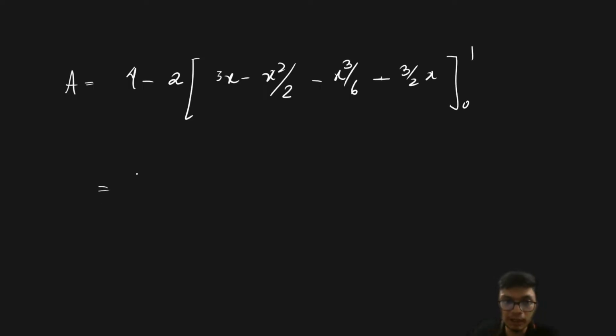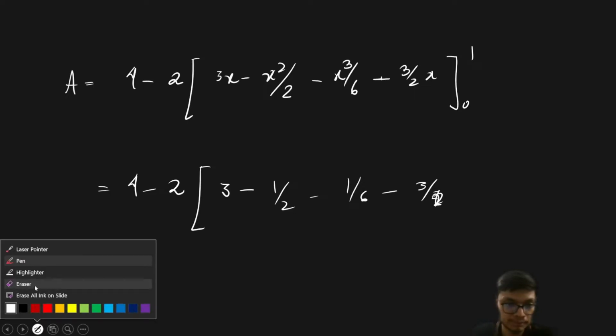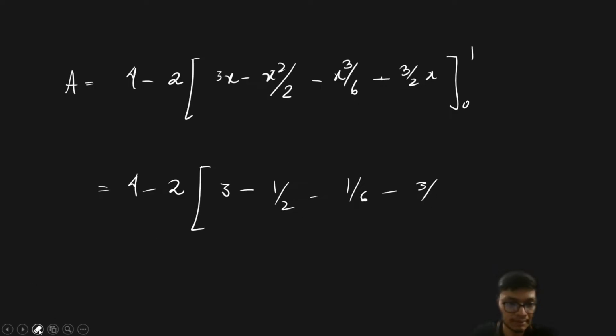If you put the value over here, that is 4 minus 2 times of 3 minus 1 by 2 minus 1 by 6 minus 3 by 2, right? That is when we put the limit.